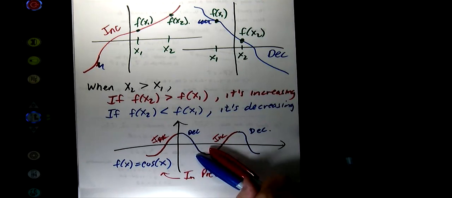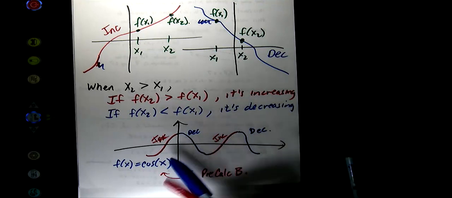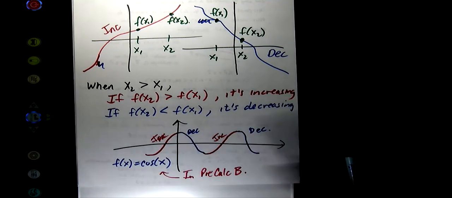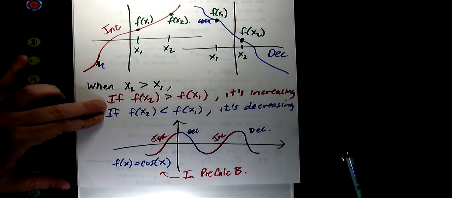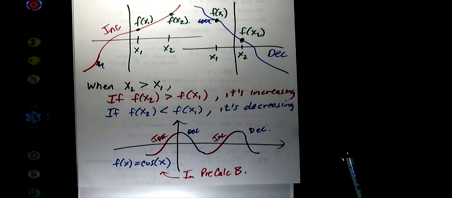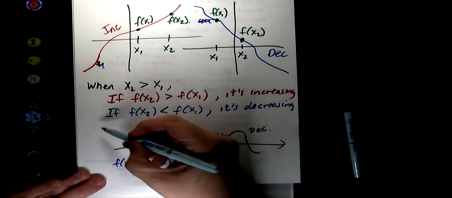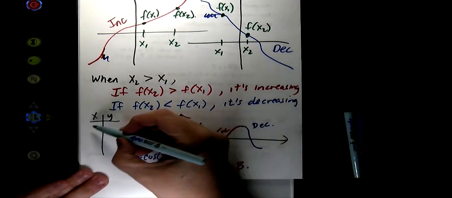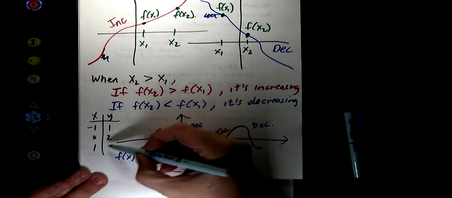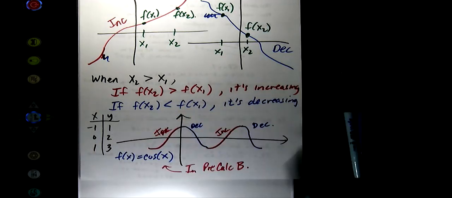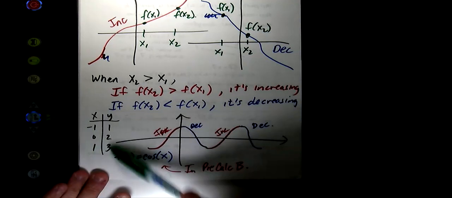Visually, it's easy to see what it means. As you go from left to right, is the graph going up or down? Increasing goes up, decreasing goes down. If you haven't drawn the graph but have a table of numbers, you can look at the numbers and see that as x is increasing, y is increasing.